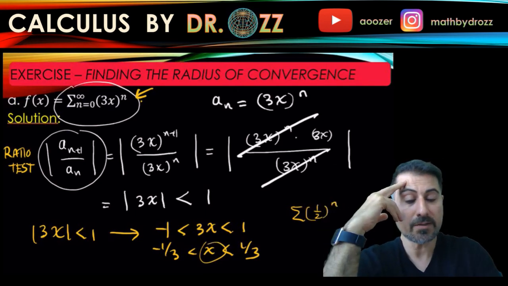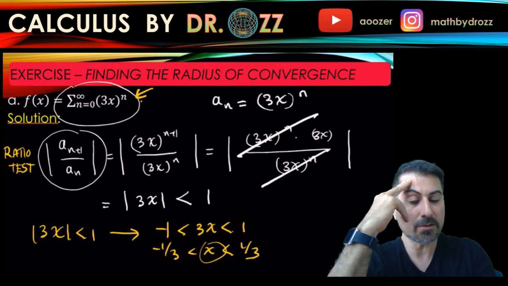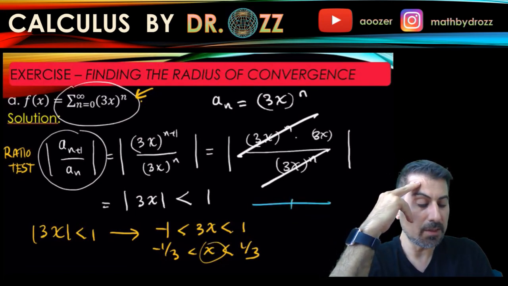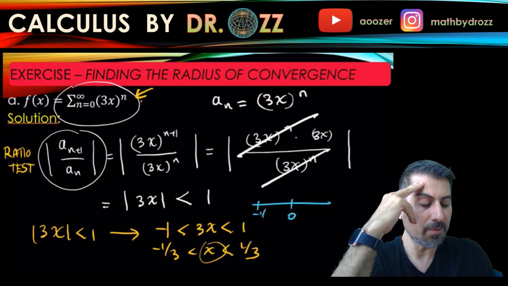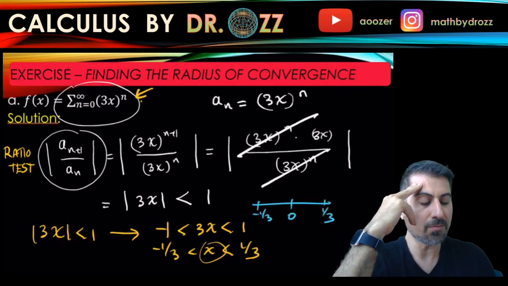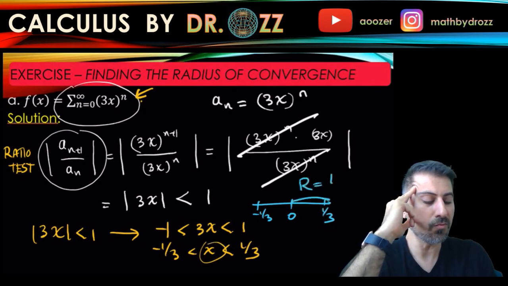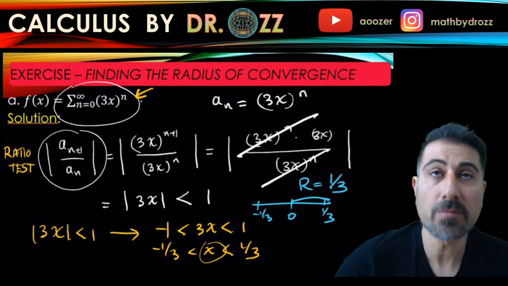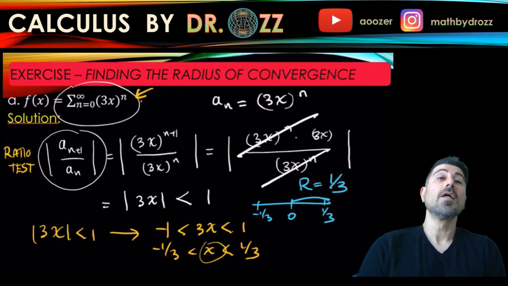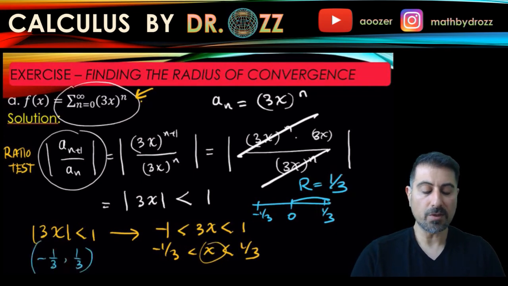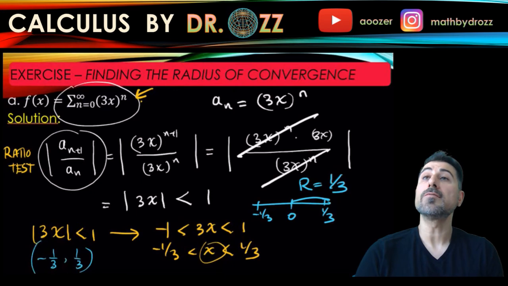What I'm trying to say is the convergence here is coming from the interval centered at c equals 0, from negative 1 over 3 to 1 over 3. Any x coming from this interval, you're safe, and R obviously is going to be 1 over 3. The radius of convergence is going to be 1/3, and the interval of convergence is going to be the open interval from negative 1 over 3 to 1 over 3.